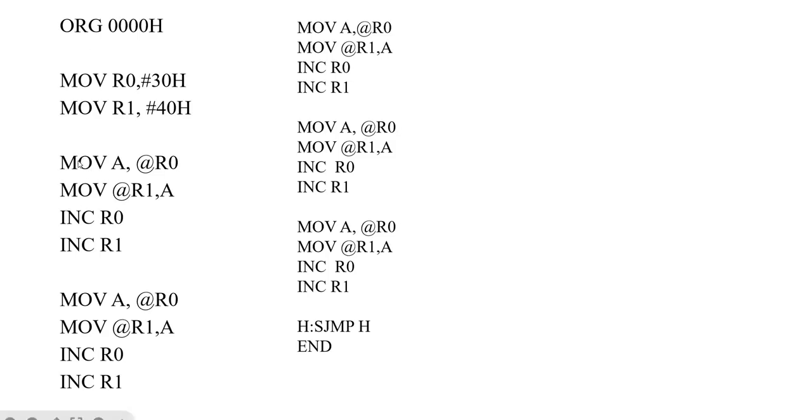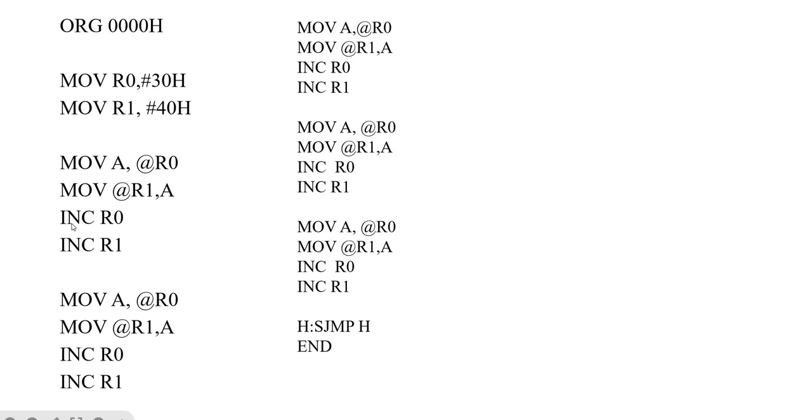So here MOV A, @R0 loads the data from the source address R0 into the accumulator, and MOV @R1, A will store the value from the accumulator A into the destination R1.